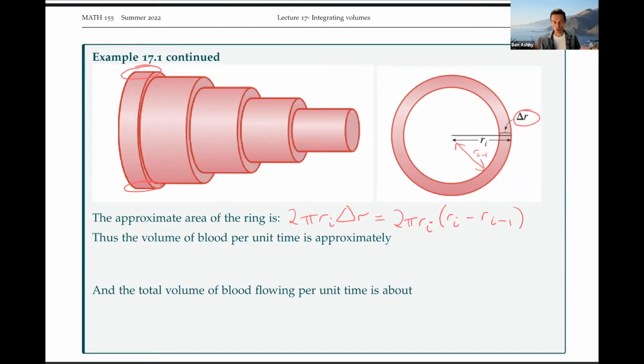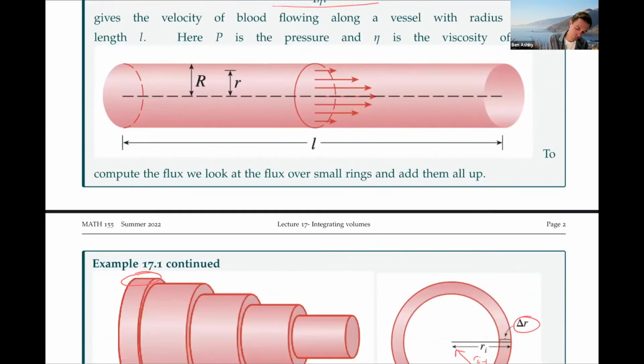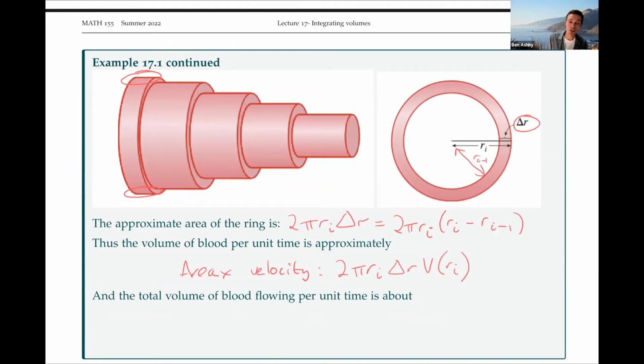Okay, so we can approximate the area of this ring, and then we know that the rate at which blood is going to flow through, in other words the volume of blood per unit time, is going to be area times velocity. So we're going to have 2 pi Ri times delta r times our function v of Ri. This is the v from the previous slide. That will give you the volume of blood flowing through a particular ring.